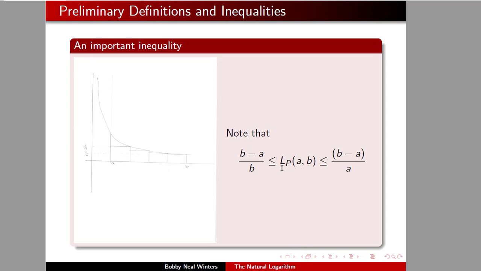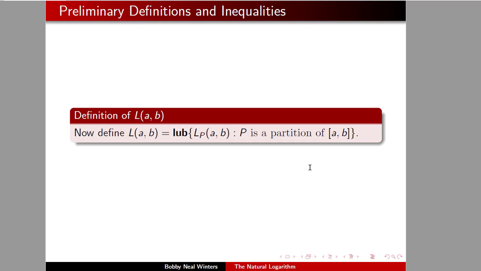So what I have here with L_P(a, b) is an approximation of the area under the curve. To get the area under the curve, we're going to take a least upper bound. We're going to define L(a, b) to be the least upper bound of the set of L_P(a, b), where P is a partition of [a, b].